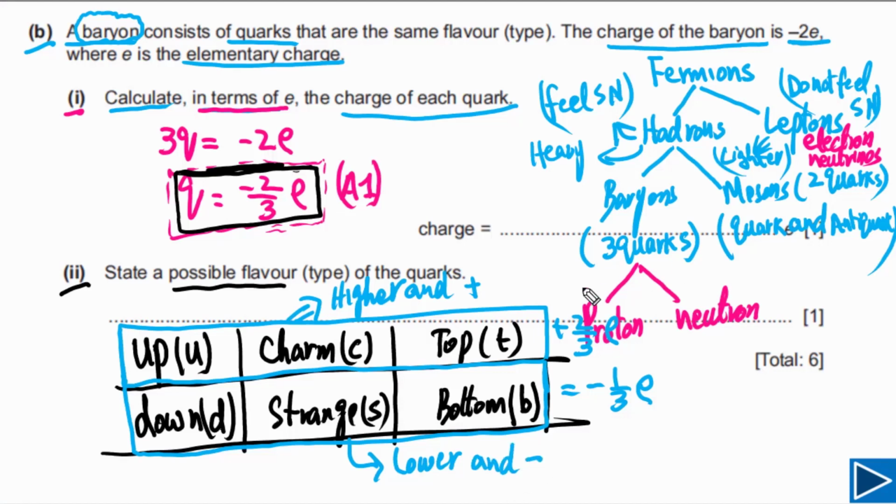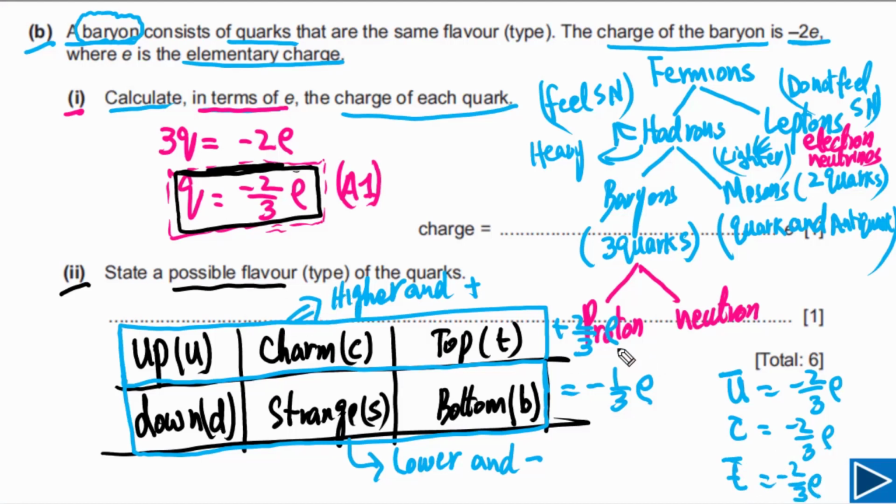Now let's try to answer this question. We need to state a possible type of quarks. If you look at the top quark, it has charge plus 2 by 3 e. Anti-up quark, charge negative 2 by 3 e. Now if we talk about the anti-charm quark, the charge on the anti-charm quark will be negative 2 by 3 e. And the charge on the anti-top quark will also be equal to negative 2 by 3 e.